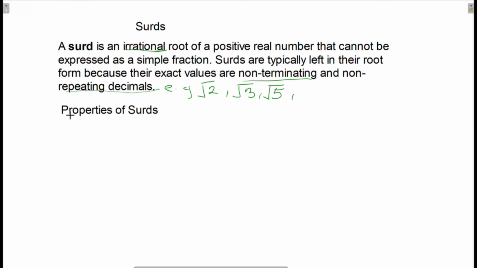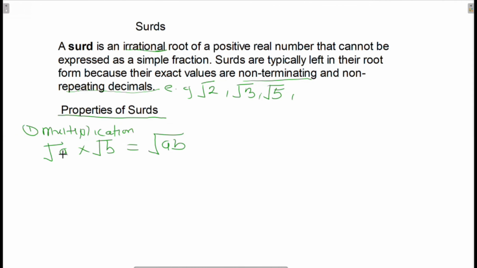Now, when we are talking about properties of surds, one, we have what we call the multiplication property. What do I mean? If I say root A multiplied by root B, the answer is root AB. The property of surds is that I just multiply what is inside the roots. That's A multiplied by B, which means I have root AB.